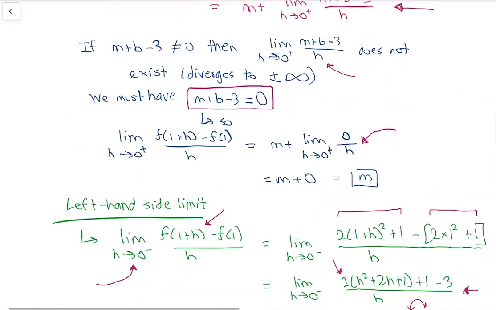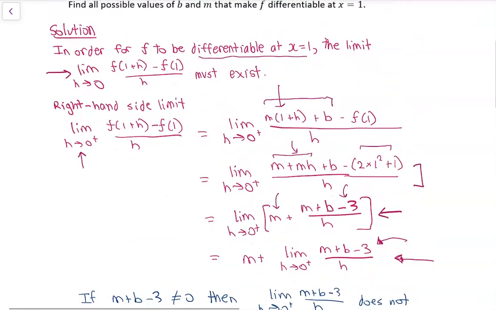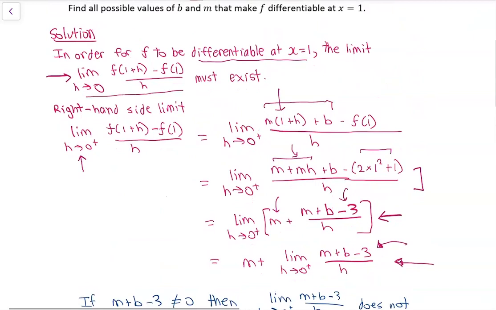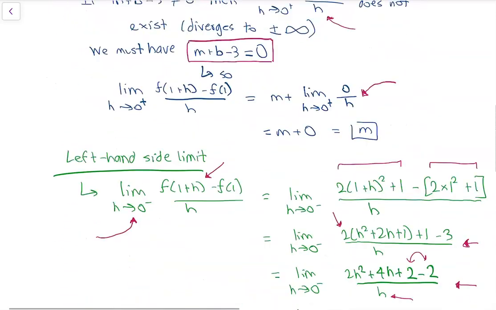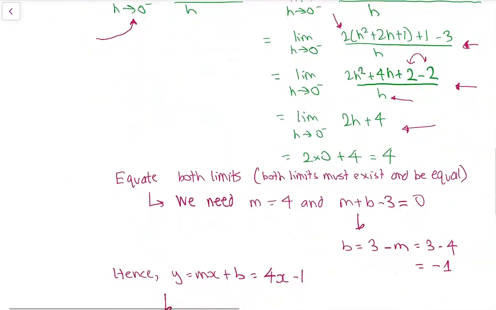Now, in order for this original limit over here to exist, both the left-hand side limit and the right-hand side limit must exist, and also the limits must be equal. So we can equate these two limits.